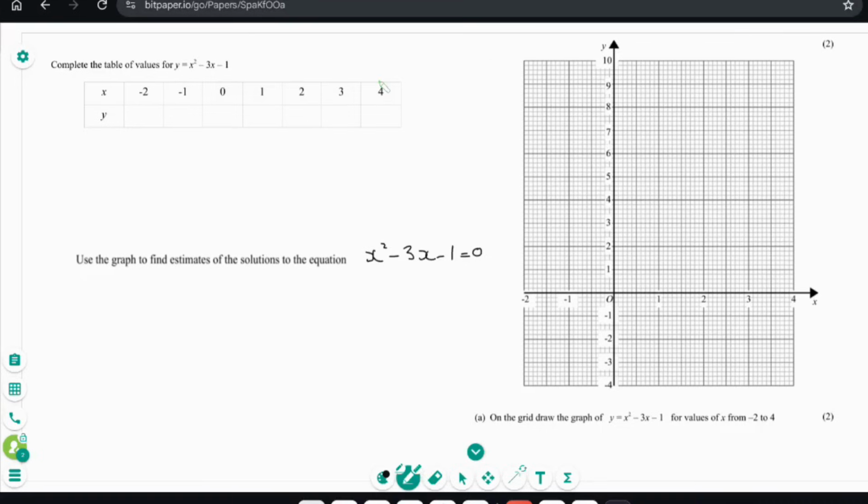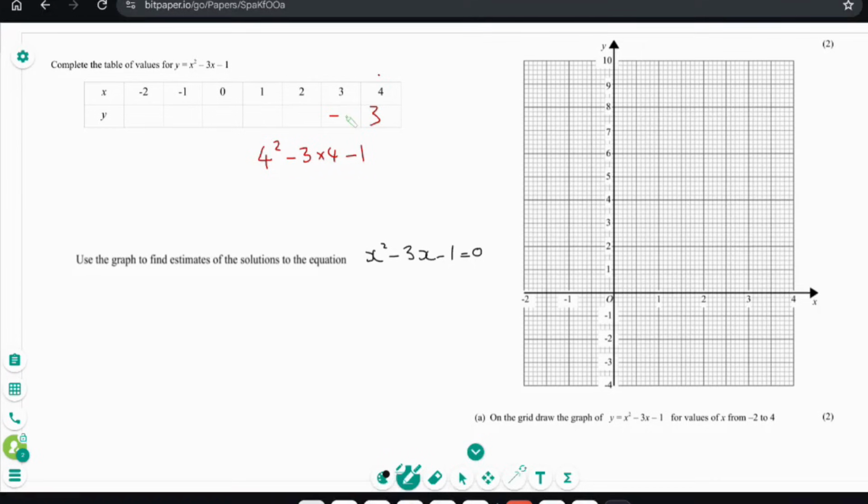Okay, so for this value here, in our calculator, we type in 4 squared minus 3 times 4, take away 1. We get 3. 3 squared minus 3 times 3, take away 1.